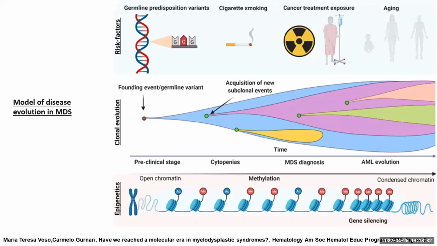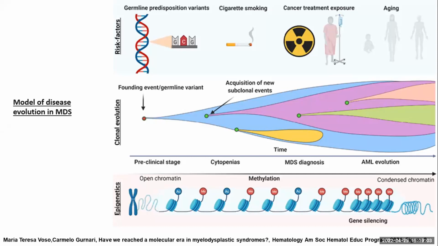Just looking at the model of the disease evolution in MDS, so there are risk factors, like I mentioned earlier, like germline predisposition, which may be an unmodifiable risk factor that a patient may have. And then you have other modifiable risk factors like smoking, exposure to radiation, and of course, aging. And then there is the issue of clonal evolution, where there's a founding event like a germline aberration.